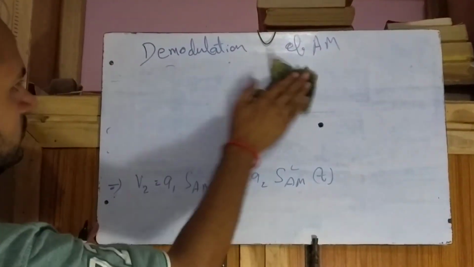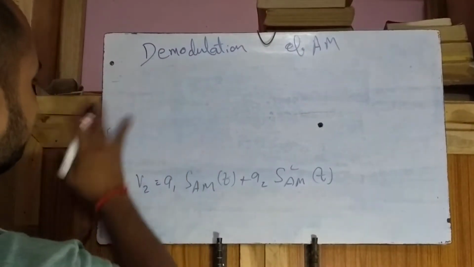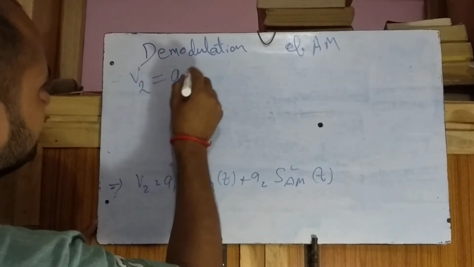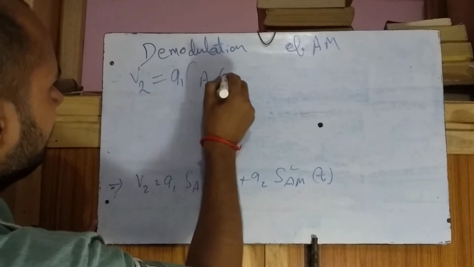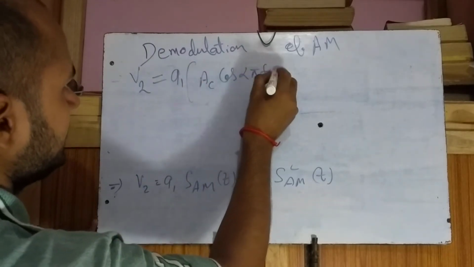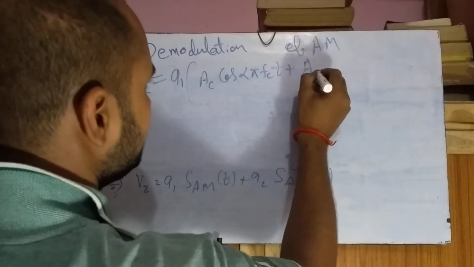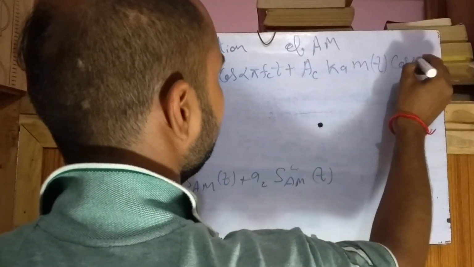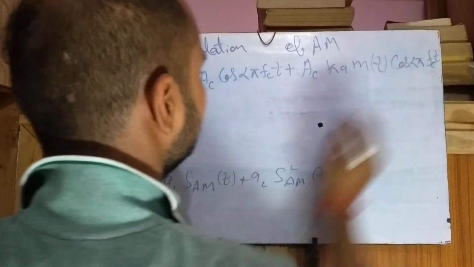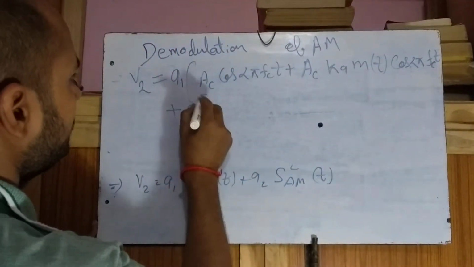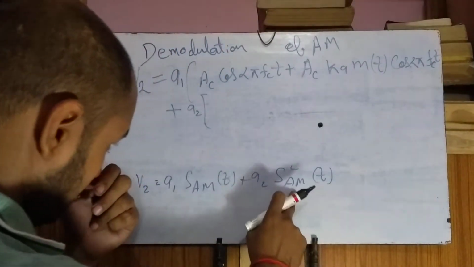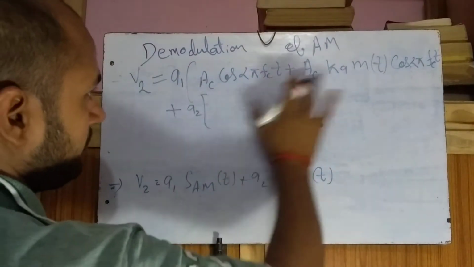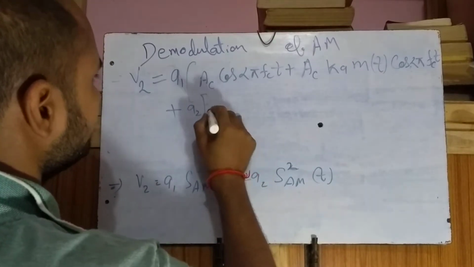See, V2 is equal to A1 into Ac cos 2 pi fct plus Ac Ka m(t) cos 2 pi fct, plus A2 into the square of this. The square will be A square plus B square plus 2AB.